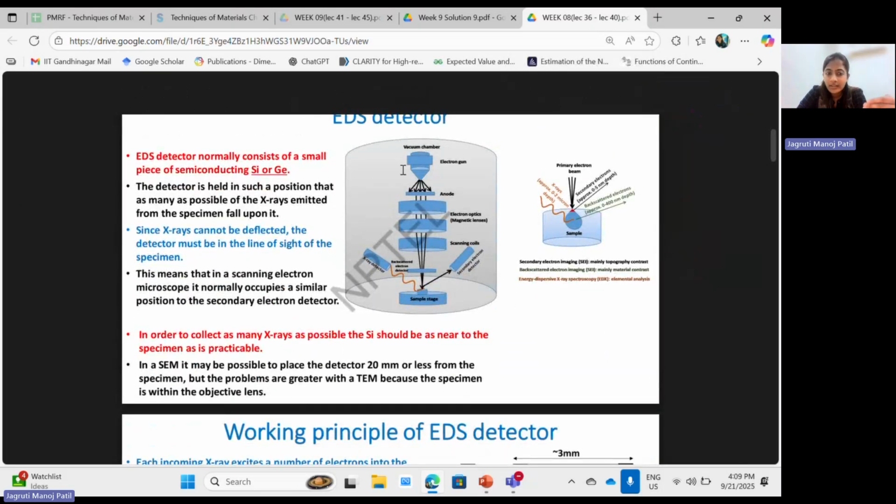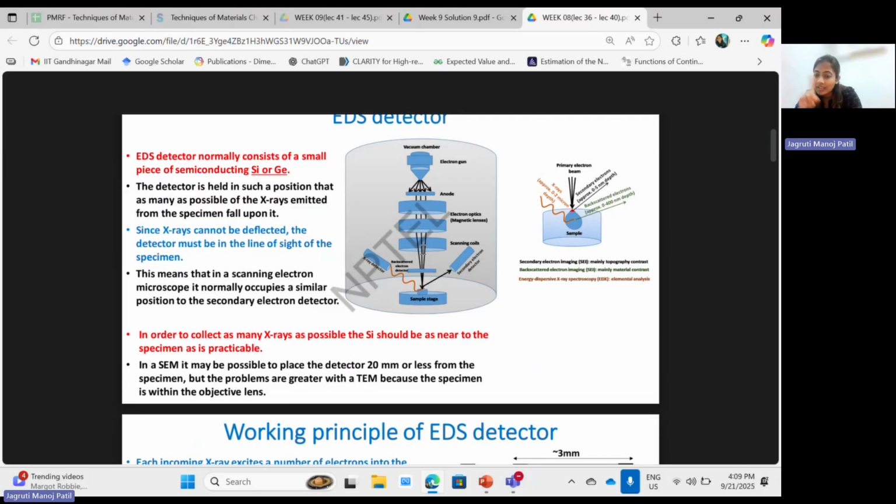Now, your detector is held in such a way that as many as possible of the X-rays emitted from the specimen will fall on it. There must be a specific convergence angle associated with it. As and when you select a particular detector for the contrast you want, it will go and align to that surface.